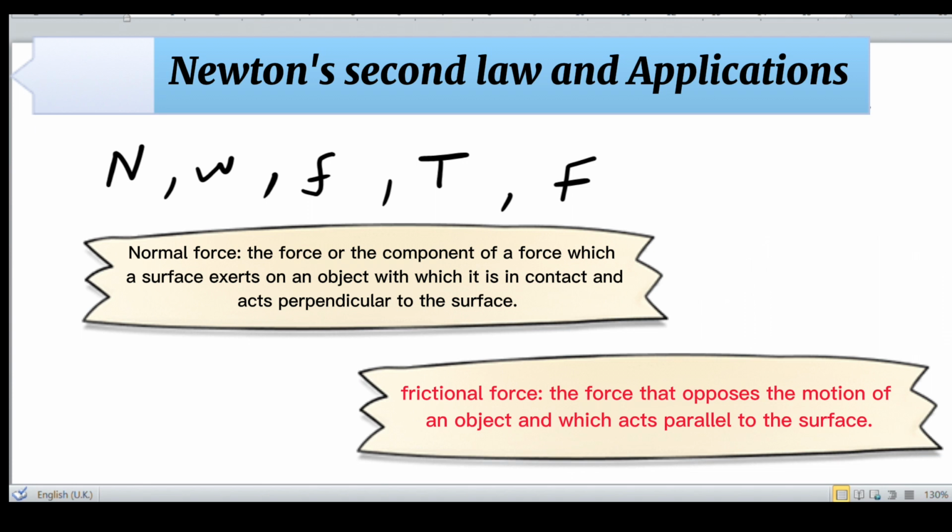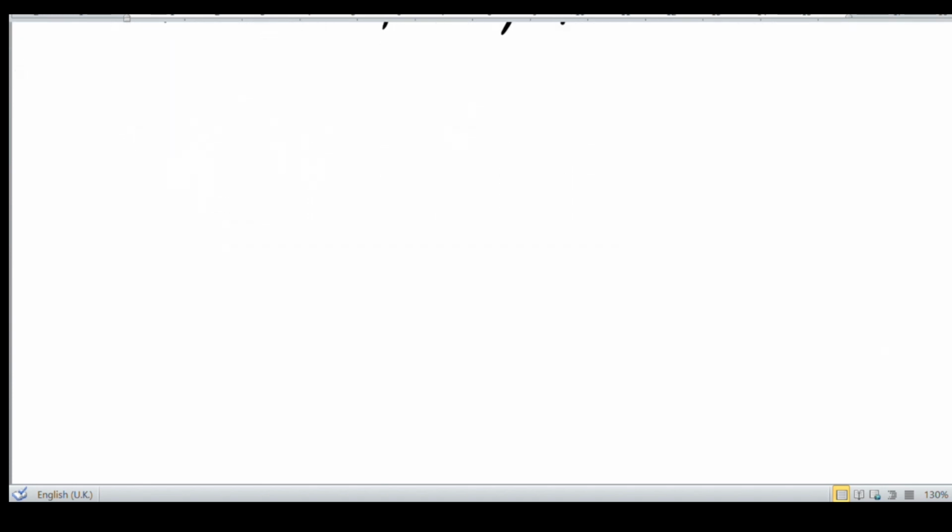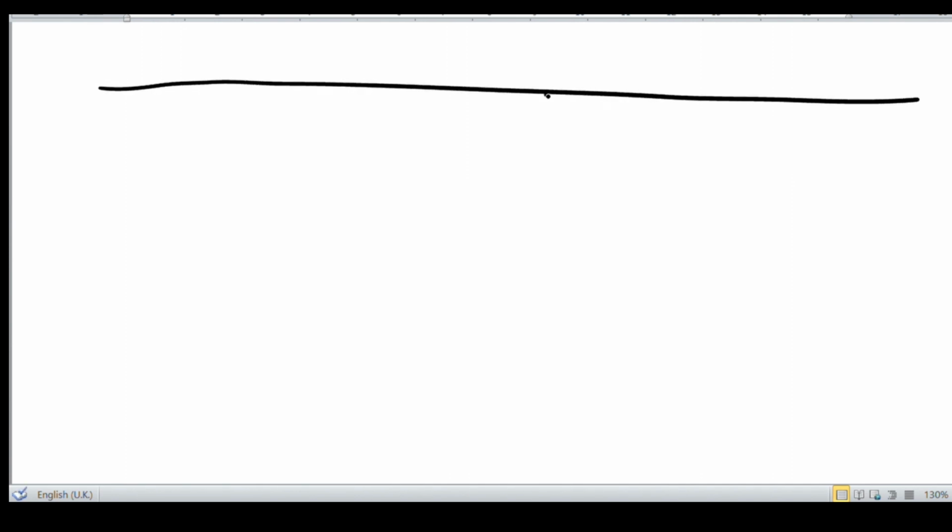So we are going to draw the free body diagrams first because it is very important to draw a free body diagram. So the first thing that we are going to do, we will have a free body diagram and the net force, how we deal with the net force.